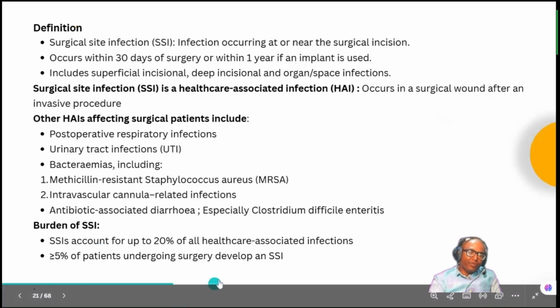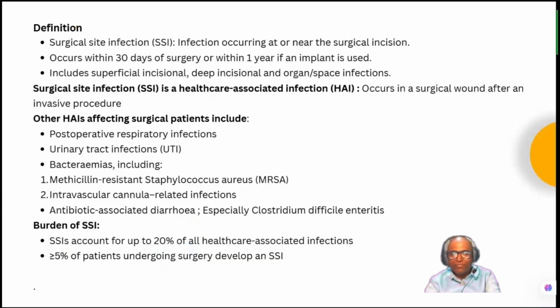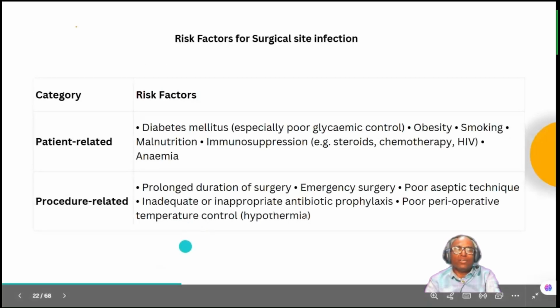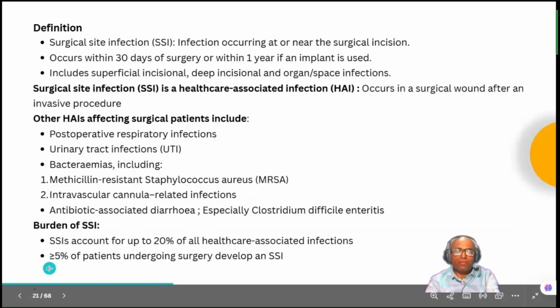So if you consider only surgery, up to 5% or more patients will have SSI. Among all healthcare associated infections, it is around 20%, that is 1 in 5. And this is 1 in 20, that is 5%. Remember this. Sometimes we remember 5%, but they give you 1 in 20. That itself is 5%.